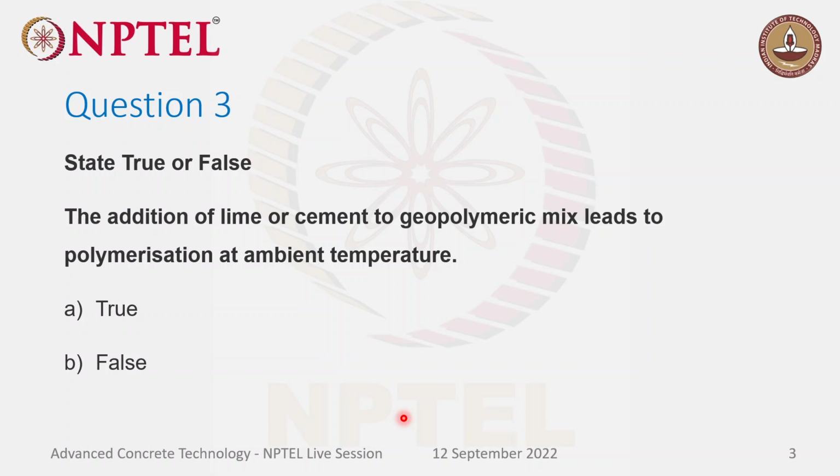The question is, the addition of lime or cement to a geopolymeric mix leads to polymerization at ambient temperature.